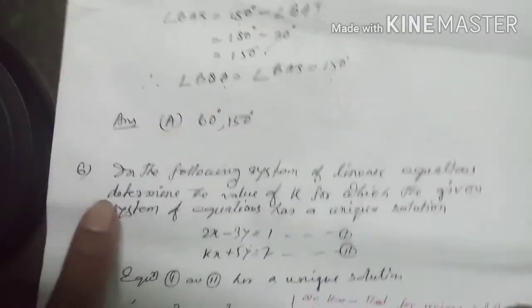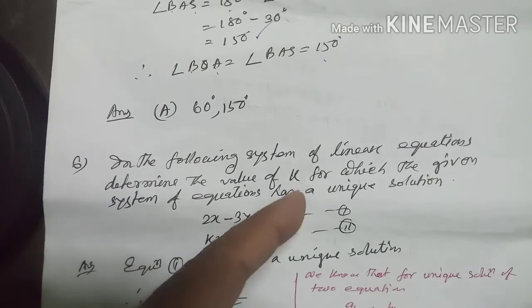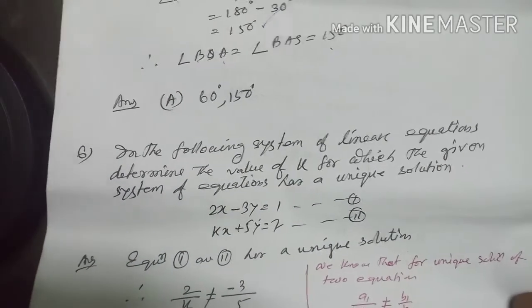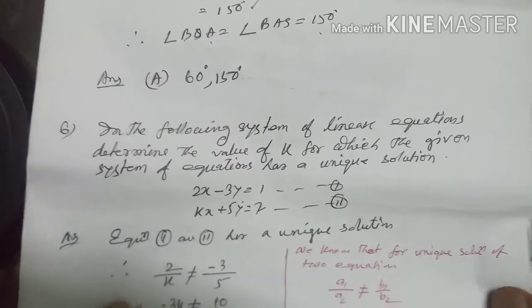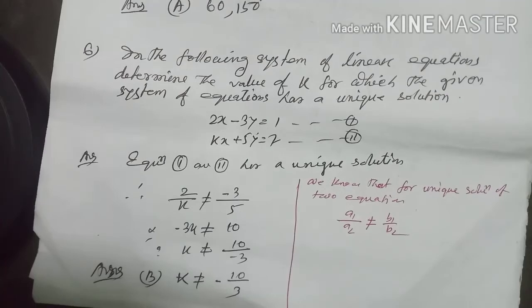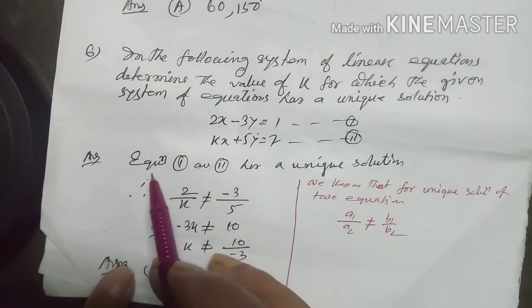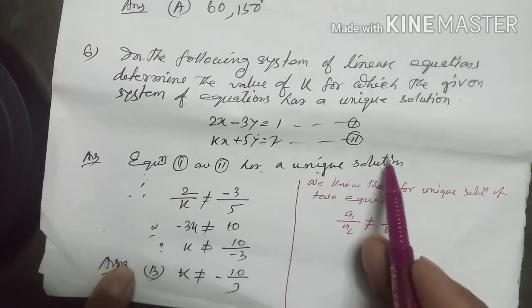Question number 6. In the following system of linear equations, determine the value of k for which the given system of equations has a unique solution. We know that the equations 1 and 2 have a unique solution.